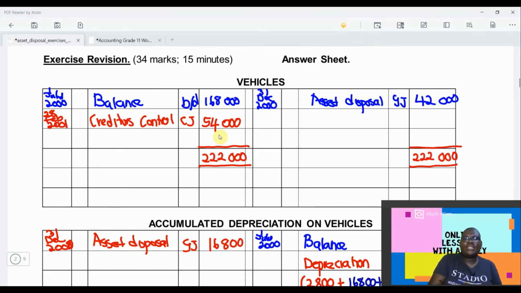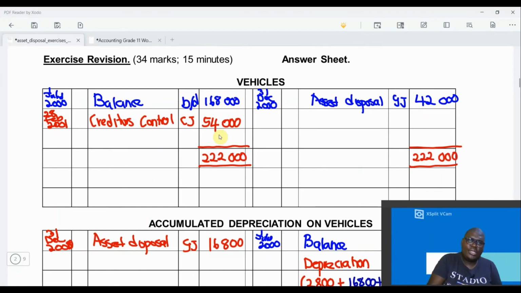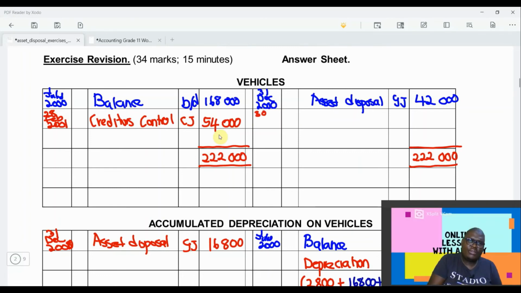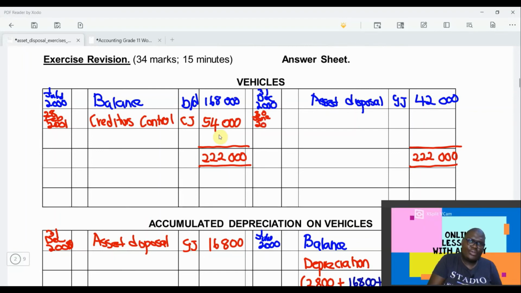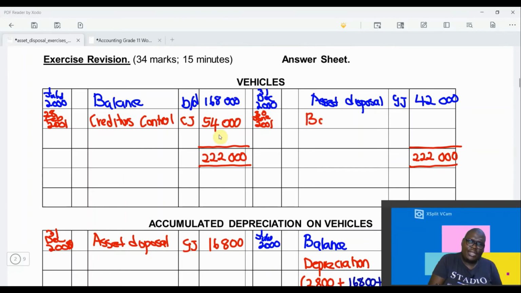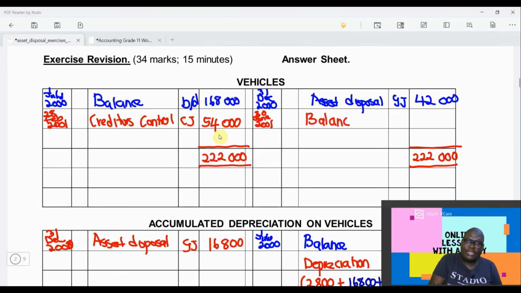And then you can already see that on 30 June 2001, balance carried down. This means this is the closing balance.